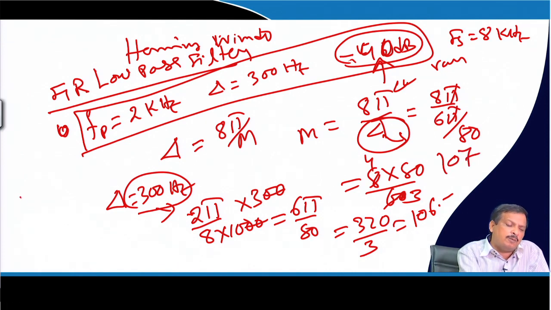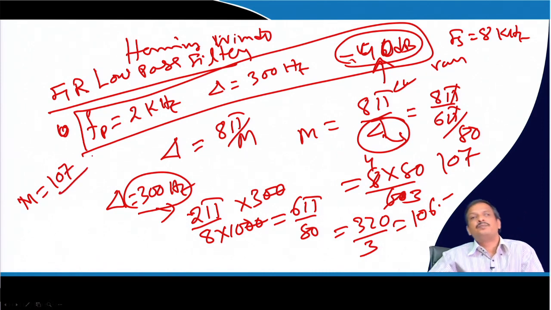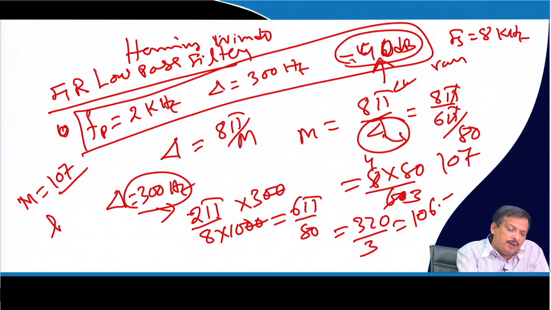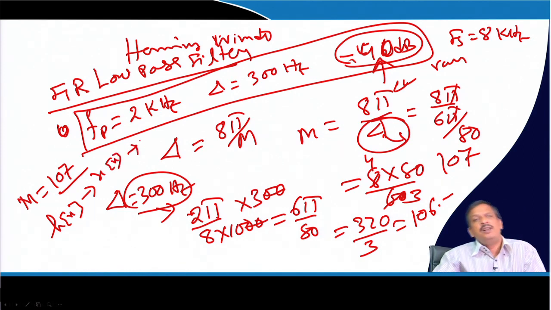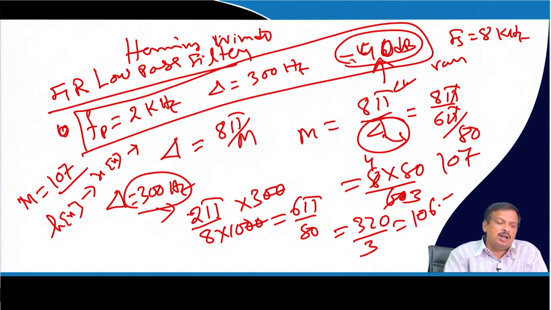So the order of the filter m is equal to 107. Now if I know h of n, then I can convolve it with my input signal x of n, and I get the filtered output signal. So my next step is to find h of n.